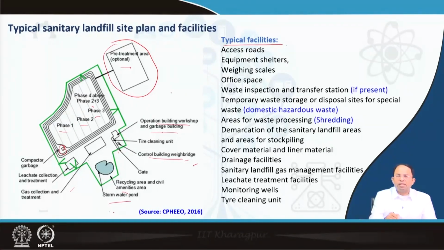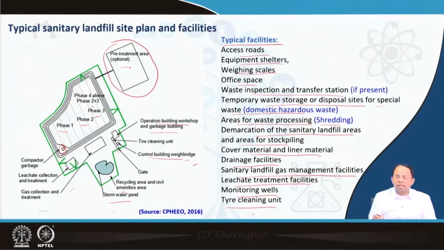Typical facilities within this landfill site area include access roads, equipment shelters, weighing scales, office space, a waste inspection and transfer station, temporary waste storage or disposal sites for special domestic hazardous waste maybe, areas for waste processing, maybe shredding of waste, demarcation of the sanitary landfill areas, and areas for stockpiling some amount of material like cover material and liner material, storage, drainage facilities, sanitary landfill gas management facilities, leachate treatment facilities, monitoring wells, and tire cleaning units for the waste collection vehicles.